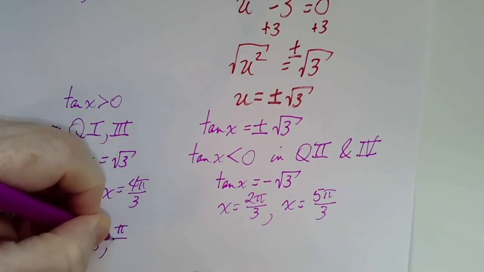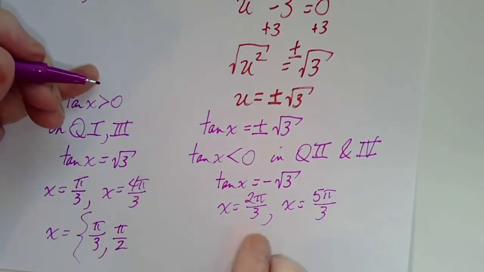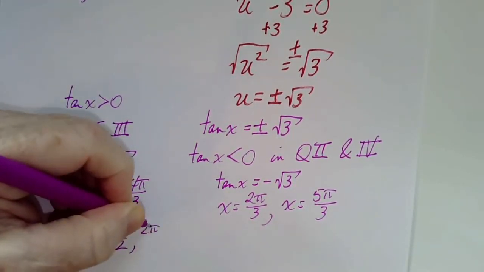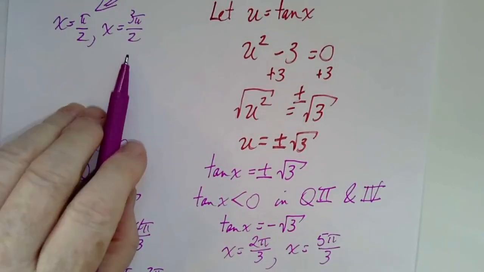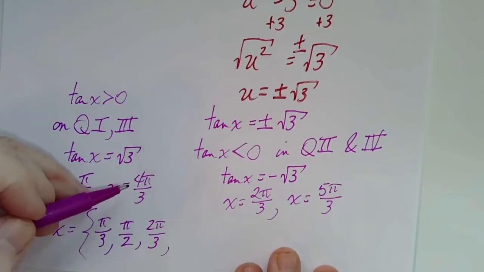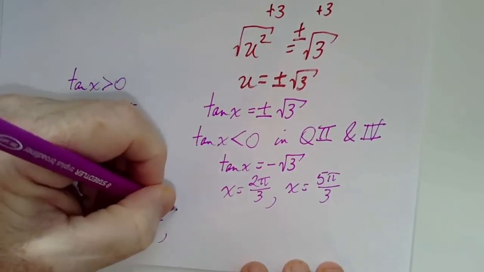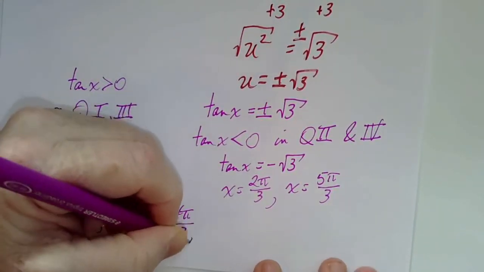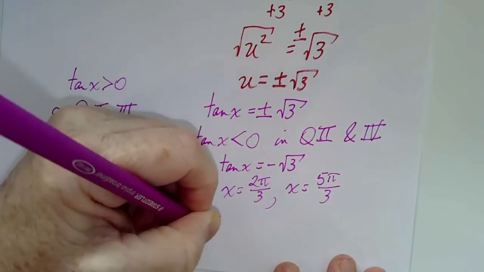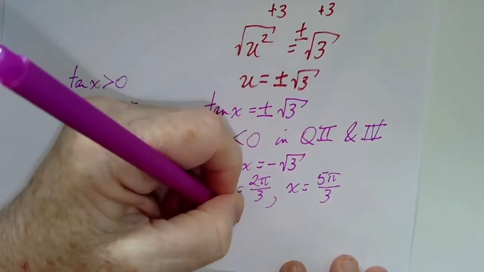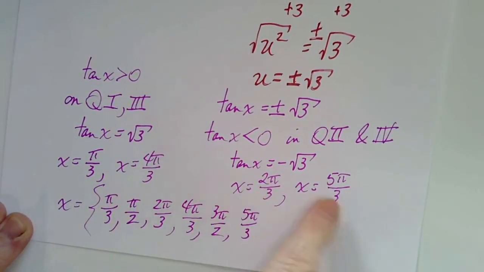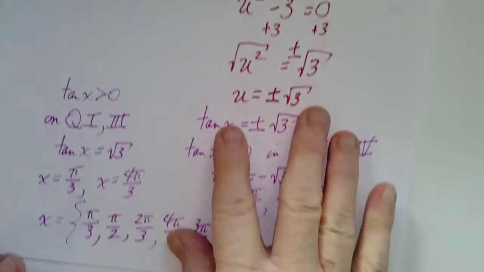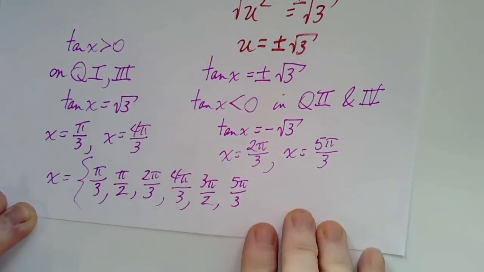Pi over 2 comes next. 2 pi over 3 comes next. 3 pi over 2 is larger than 4 pi over 3, so 4 pi over 3 comes next. Then 3 pi over 2, then 5 pi over 3. Let's see, 1, 2, 3, 4, 5, 6. Yay!